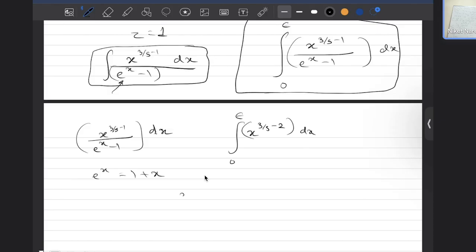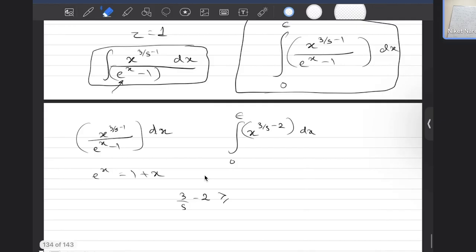So if 3 by s minus 2, I want this to be greater than minus 1.